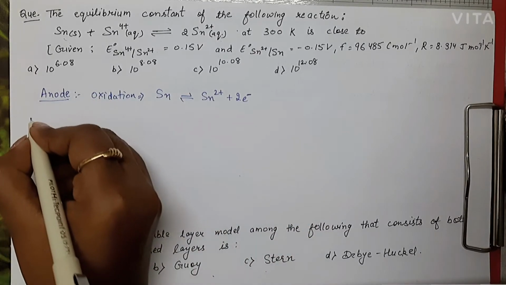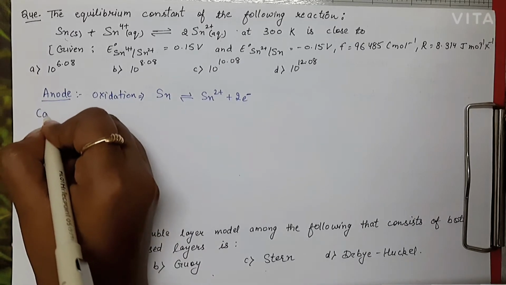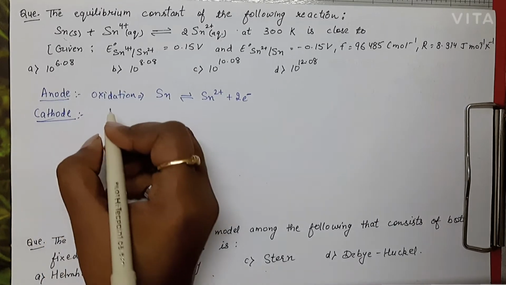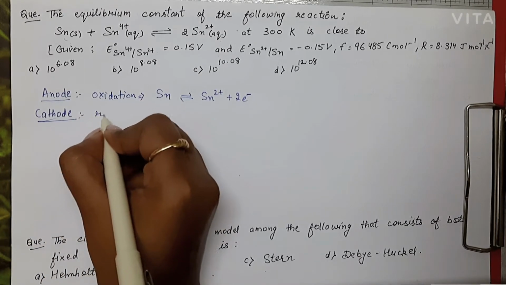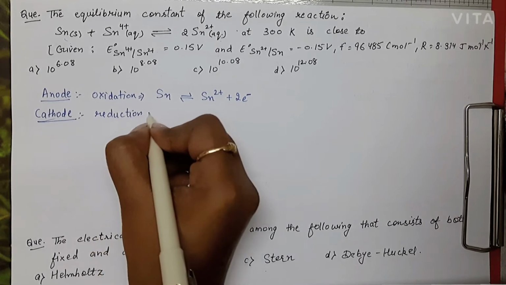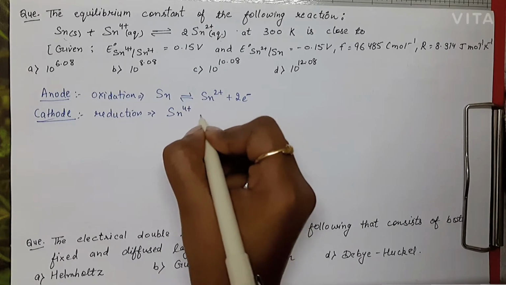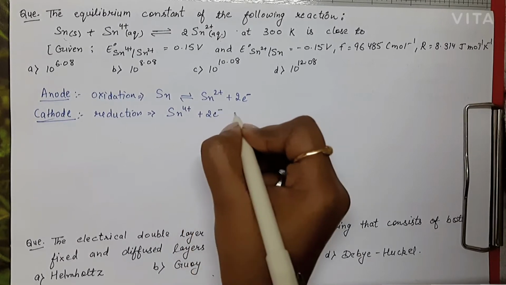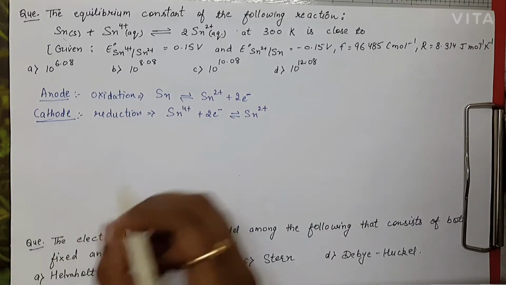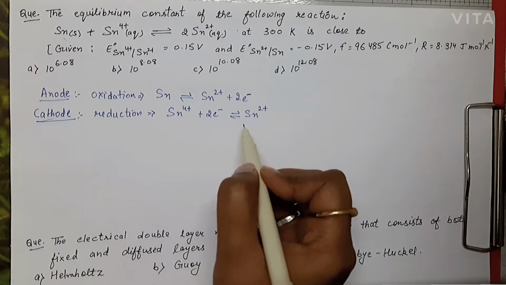Now if I talk about the reaction at cathode, then at cathode reduction takes place. So the reaction will be like this. This is a type of reduction reaction.